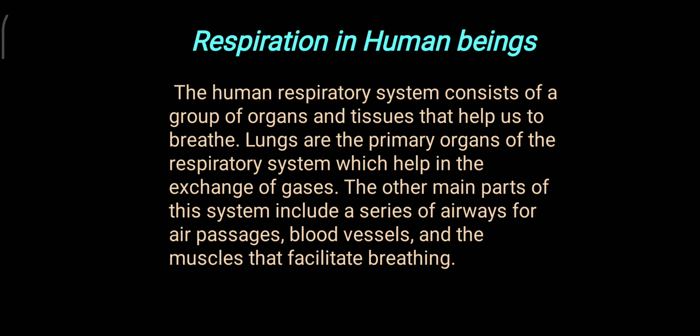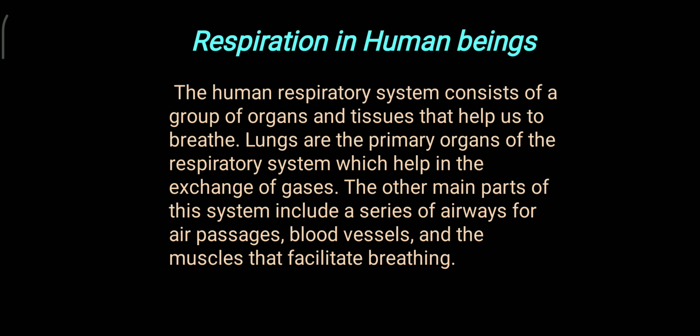Now we are going to see. So till now what we have discussed is how respiration takes place in different types of animals with different respiratory organs. Now we are going to see how respiration takes place in the human being. It consists of a group of organs.